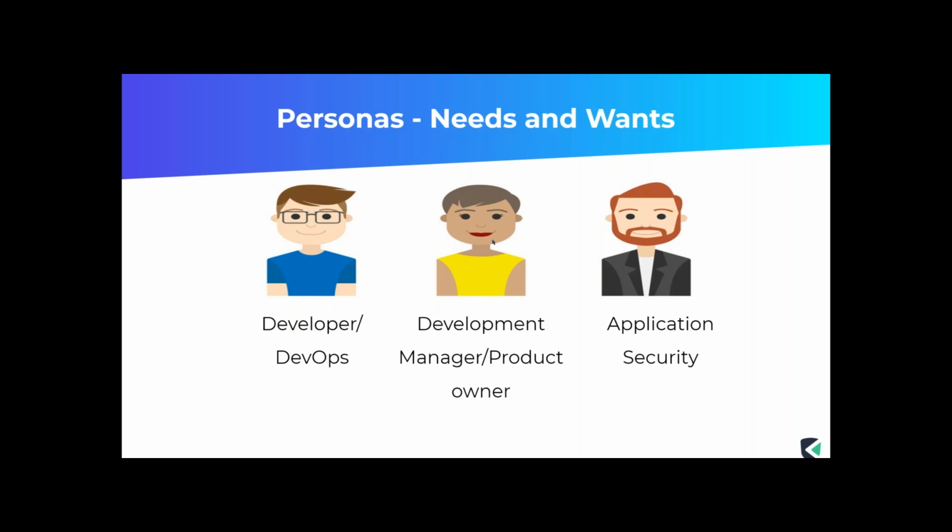Because if they ask for a week, then the development manager or the product owner would wrongly classify AppSec as delaying the process or slowing down the velocity and so on, right? So application security engineers have a real problem properly testing and reviewing JavaScript applications.